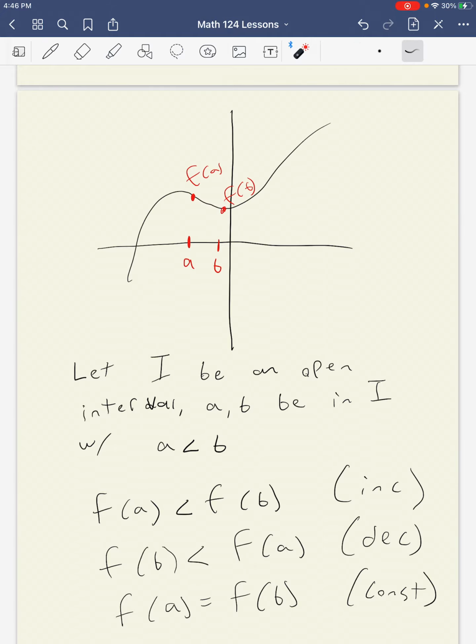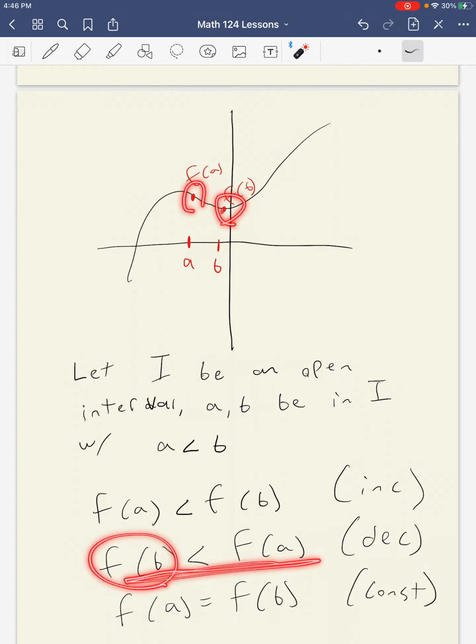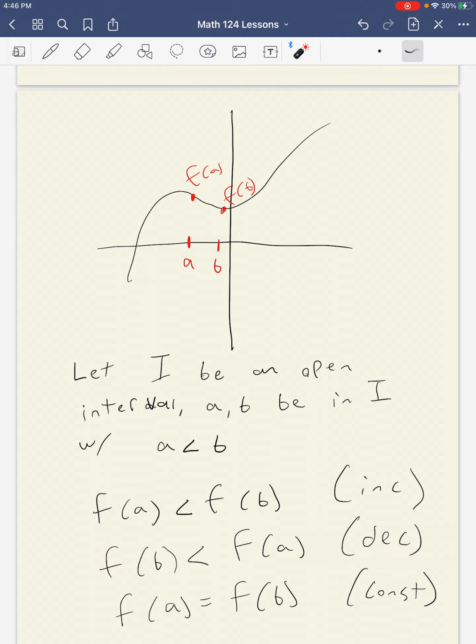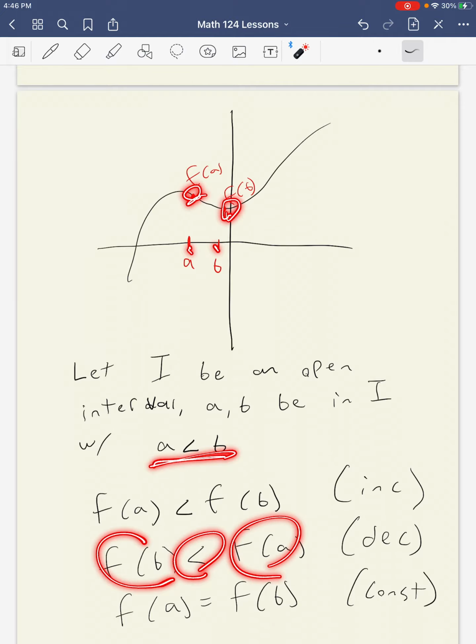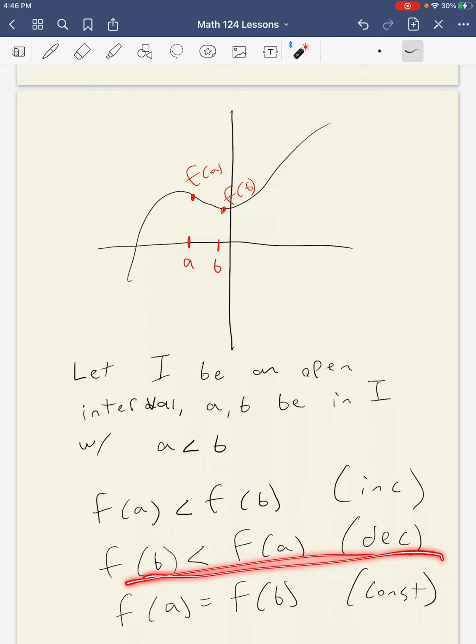And so in the decreasing case, f of b is the smaller one, right? So we have a less than b. Now f of a bigger than f of b. That is the decreasing case.